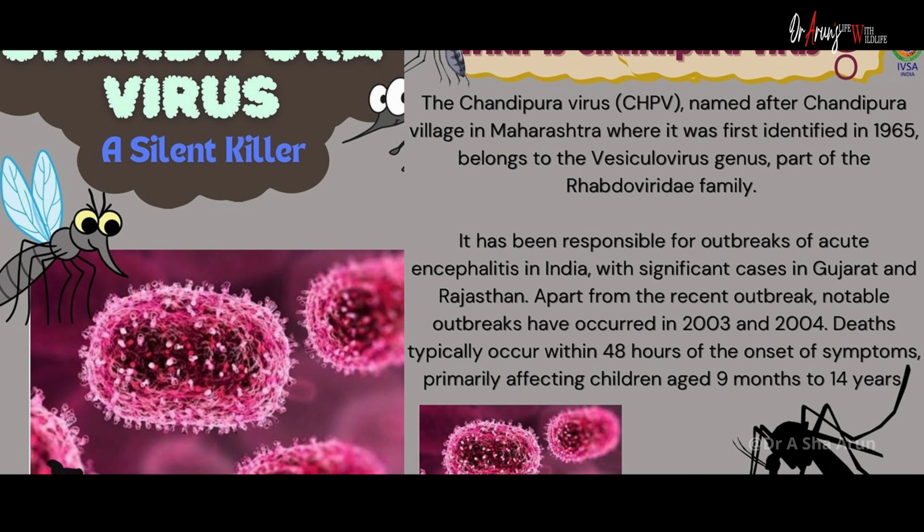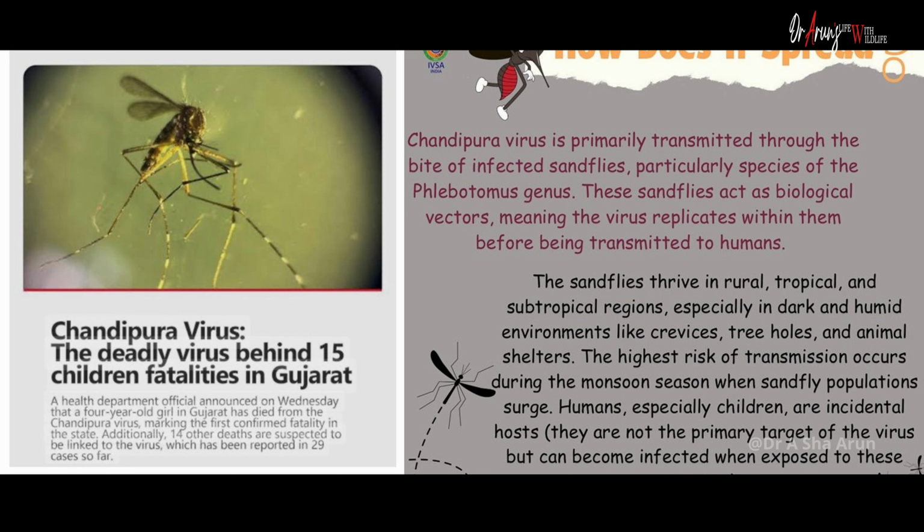This virus, transmitted primarily by sand flies, can cause encephalitis, leading to brain swelling, epilepsy, and rapid progression to coma and death within 24 hours. With no specific treatment or vaccine available, the fatality rate can reach up to 75 to 76%. Healthcare authorities are focusing on vector control measures and public education to mitigate the spread.